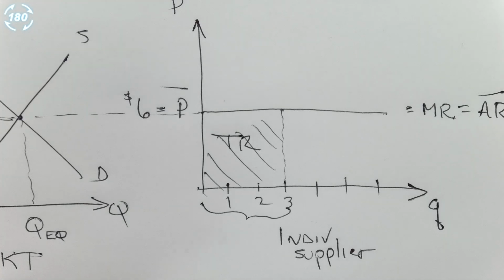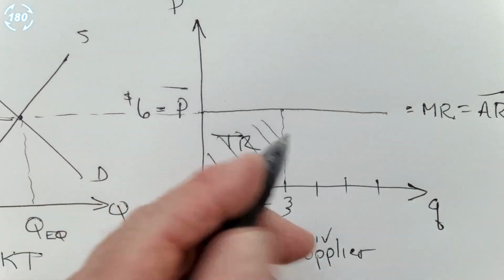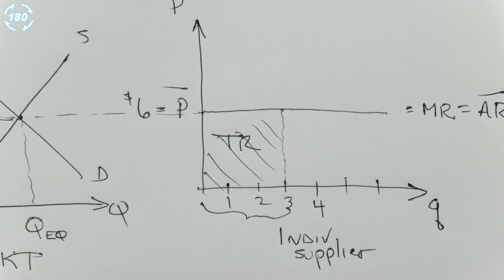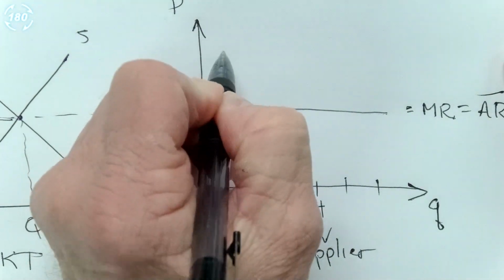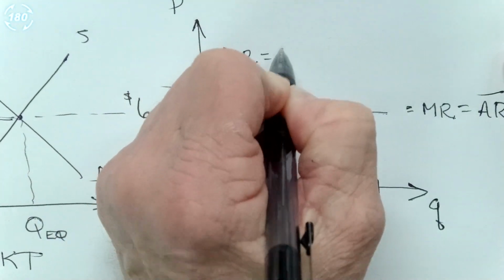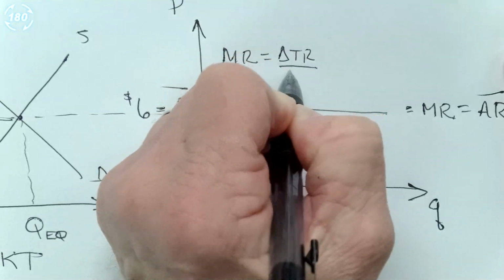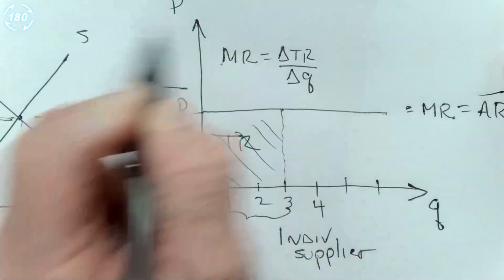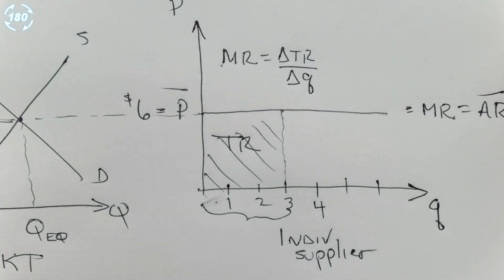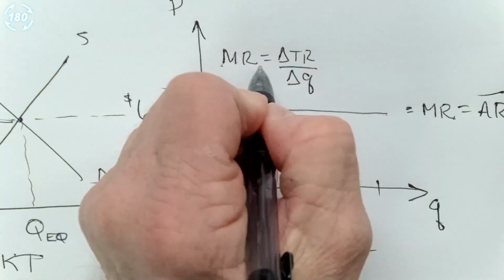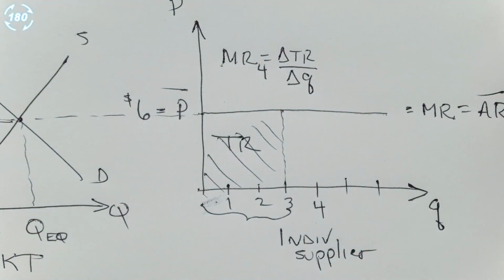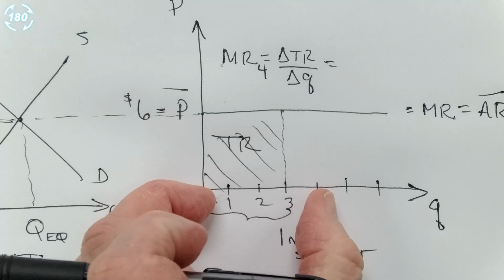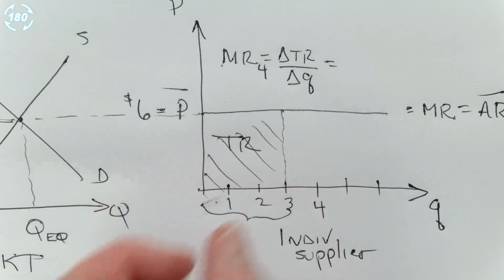What is the marginal revenue of the, let's do the fourth unit. Doesn't matter whether we do the third or fourth. So remember, marginal revenue is the change in total revenue divided by the change in the quantity. Let's use a small q here. So if I go from 3 to 4, if I find the marginal revenue of the fourth unit, I'll just put a subscript 4 here, then this is the total revenue of the fourth unit minus the total revenue associated with the third unit.